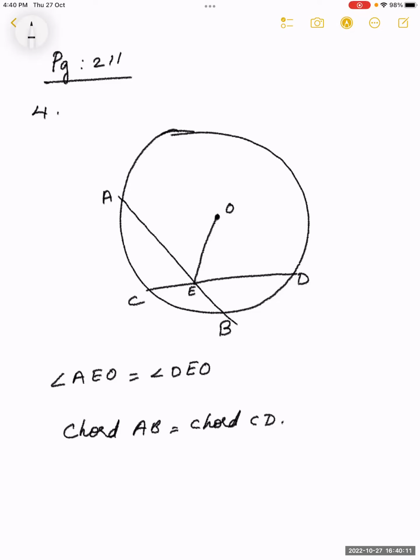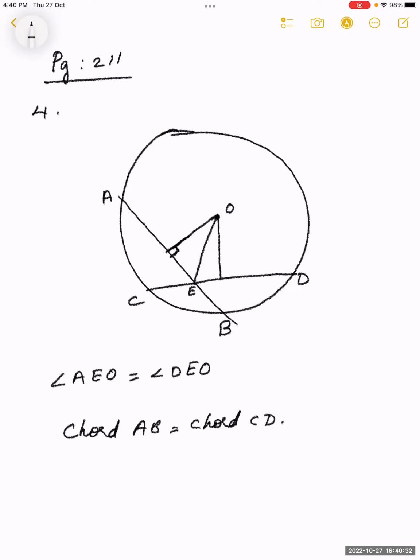Okay, so the distance means what? Distance is always perpendicular distance from the center. So first what you need to do is draw a perpendicular from O to AB. Similarly, draw a perpendicular from O to CD also.